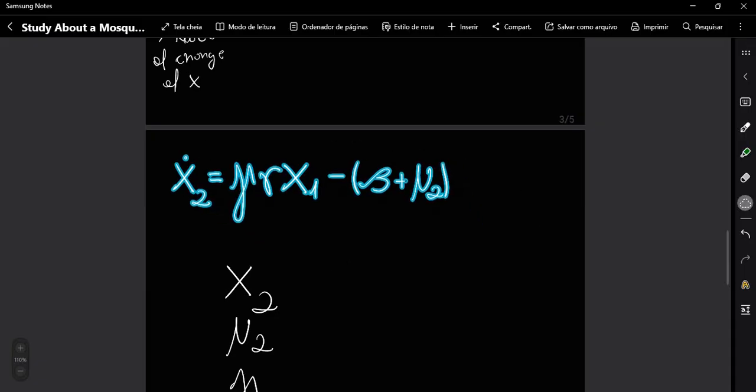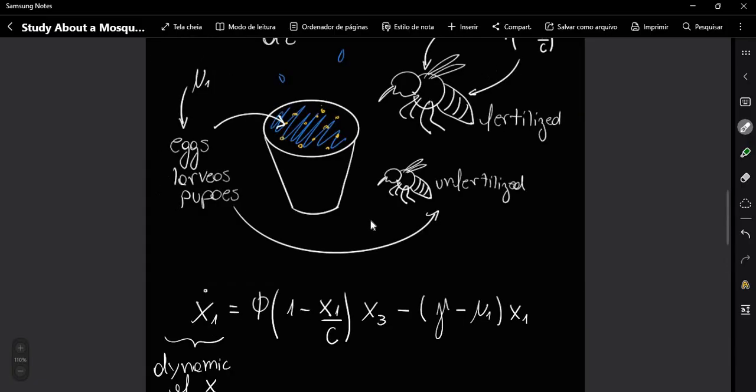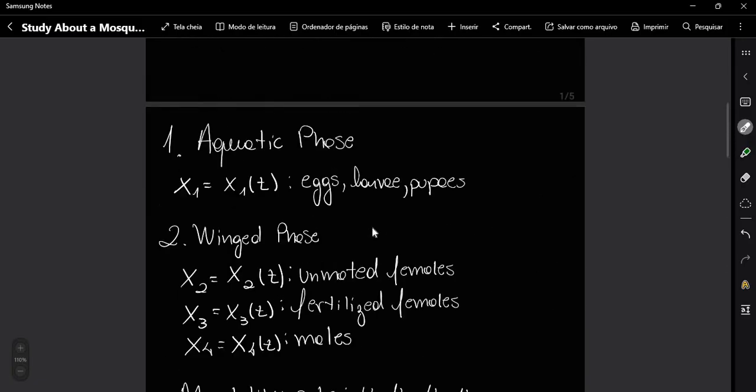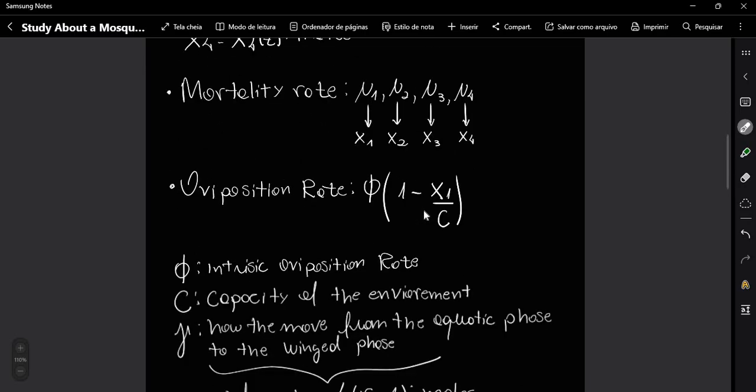And we also consider this mu2 on both stages of development of the mosquito, because throughout the development in all stages we have this chance of some of these mosquitoes dying. And we multiply the sum of these rates by x2, which is again the density of the population of mosquitoes, which is mated females.